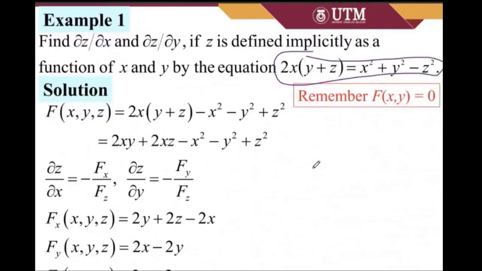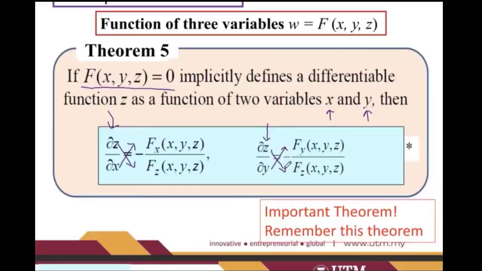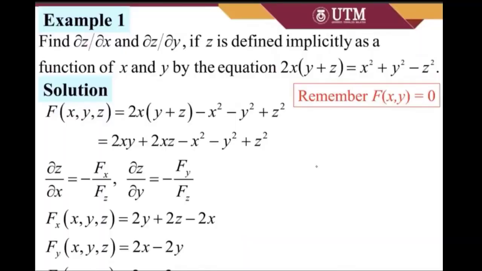So let us see an example. You can see that we have x, y, z. That's why I said that this one is a function of two variables. Because remember, z equals f(x, y), right? The question asks to find del z del x, del z del y. Before this, we learned z equals small f(x, y).